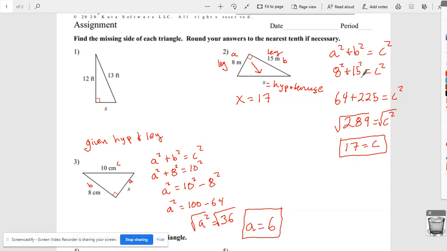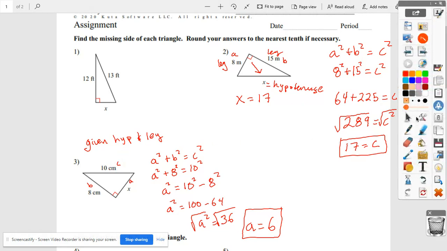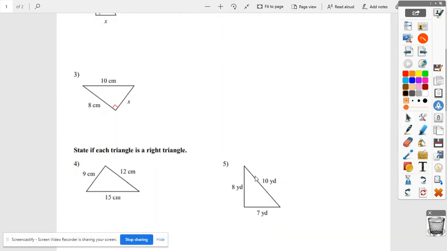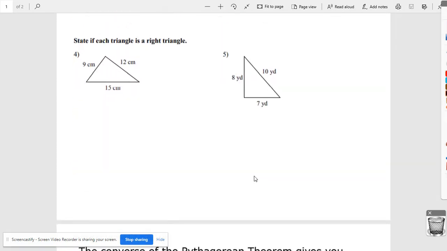So here we have an example of if we want the hypotenuse, a squared plus b squared equals c squared. If we want another side, we can subtract that length squared from the hypotenuse squared. Okay, so let's take this another step further here. Let's use this Pythagorean theorem to state if it is a right triangle.